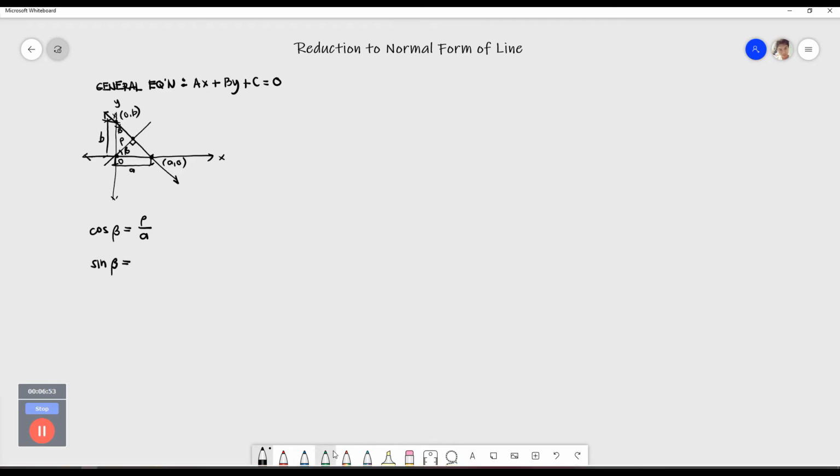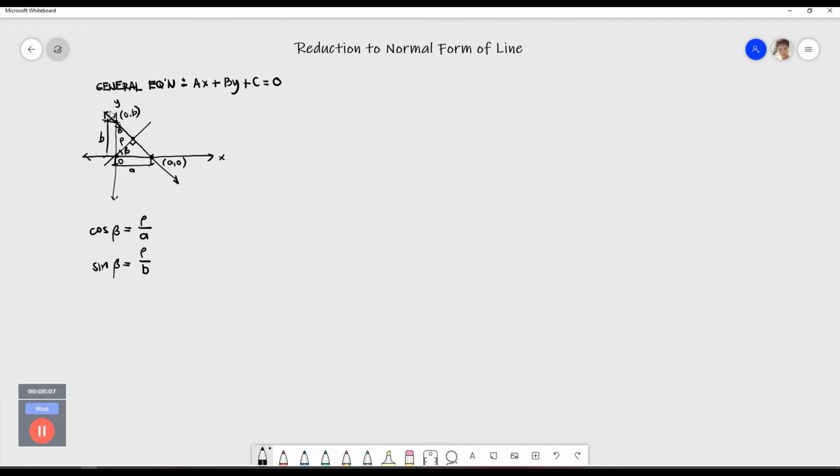And sine beta is equal to the opposite side of this triangle, rho, all over its hypotenuse, our y-intercept b.